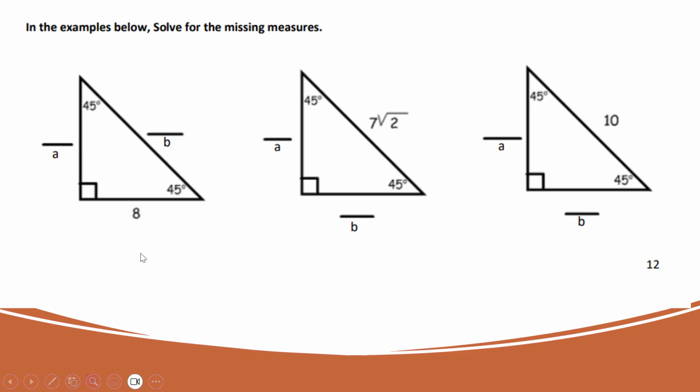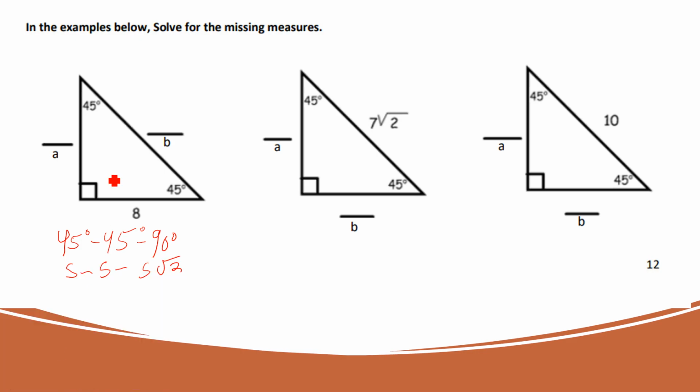Let's just look at an example real quick. Okay, first of all, we can still do the chart. It's nice to identify this is a 45, 45, 90-degree triangle. I know this is s, s, s times root 2.